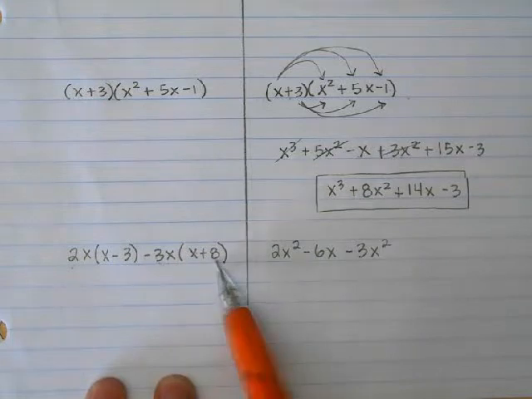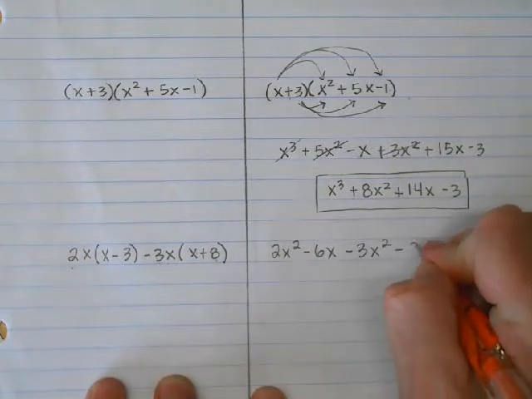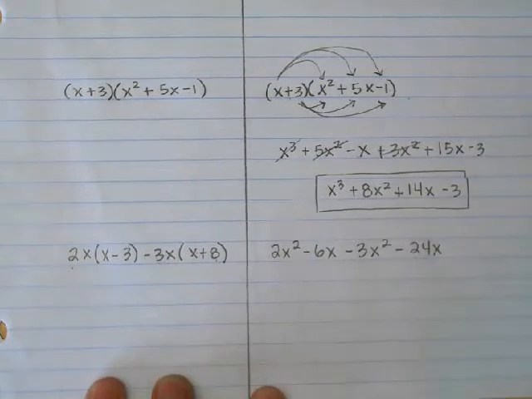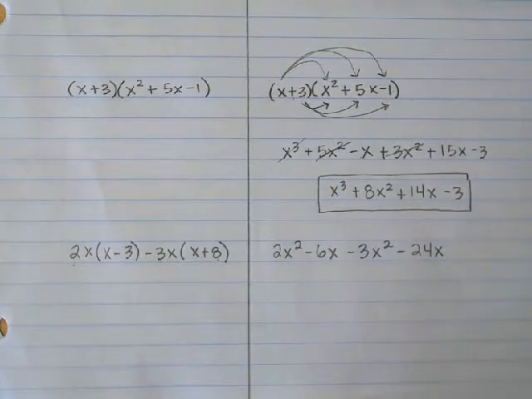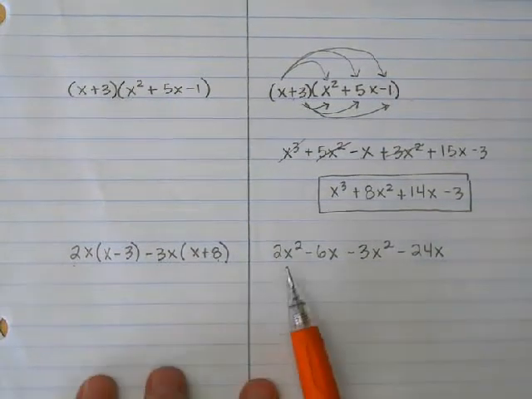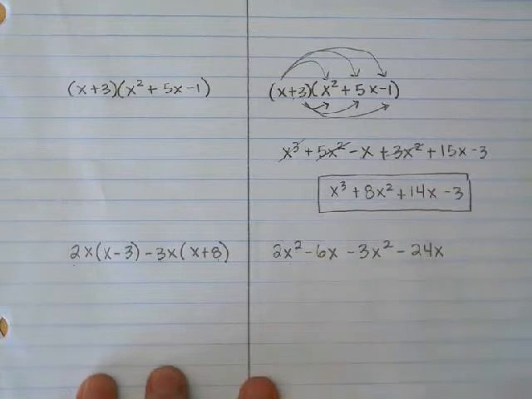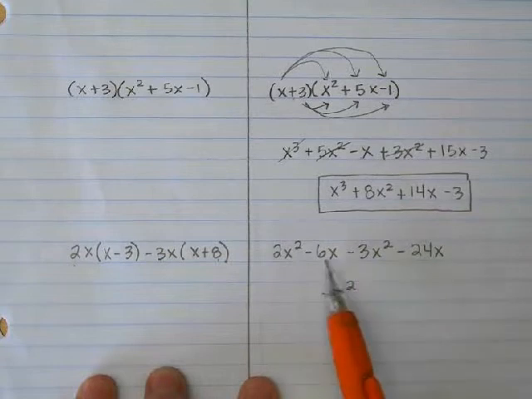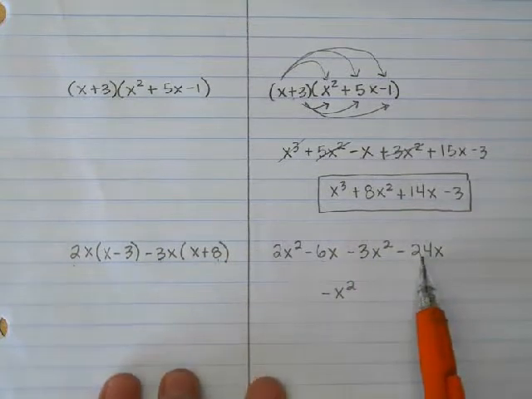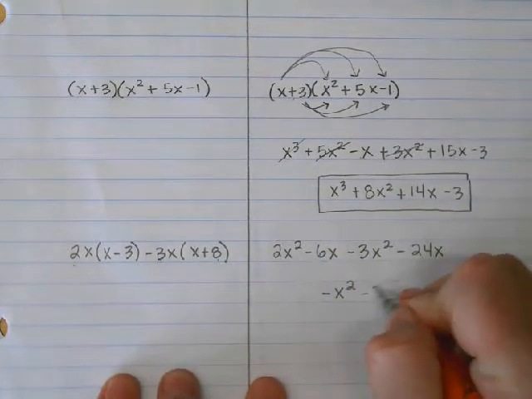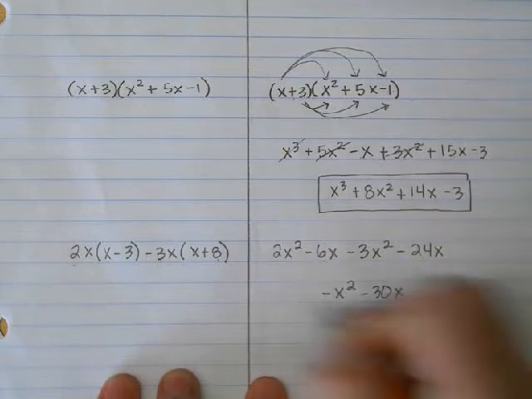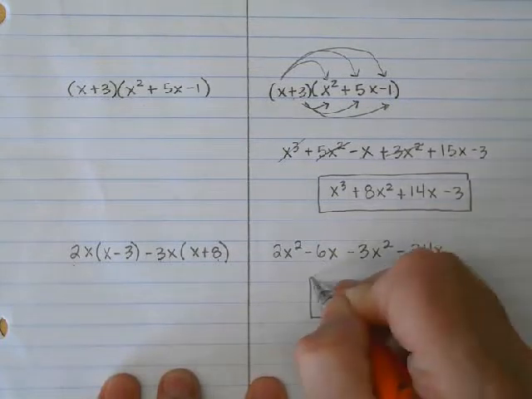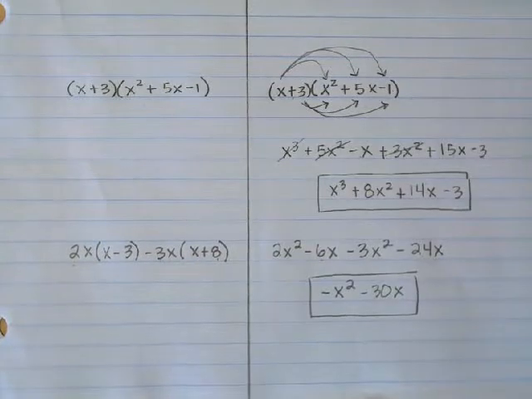A negative 3x times a positive 8 is a negative 24x. And if I combine like terms, I've got 2x squared minus 3x squared is a negative x squared. A negative 6x and a negative 24x, signs are the same, add and keep the sign. And there is my answer.